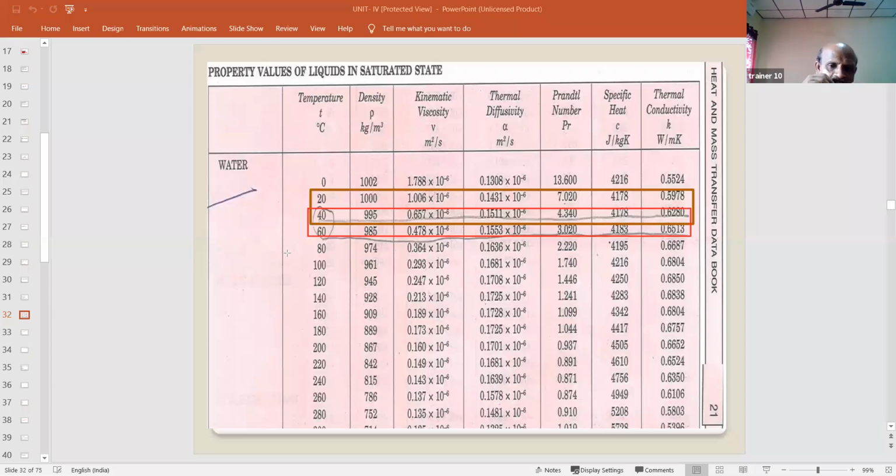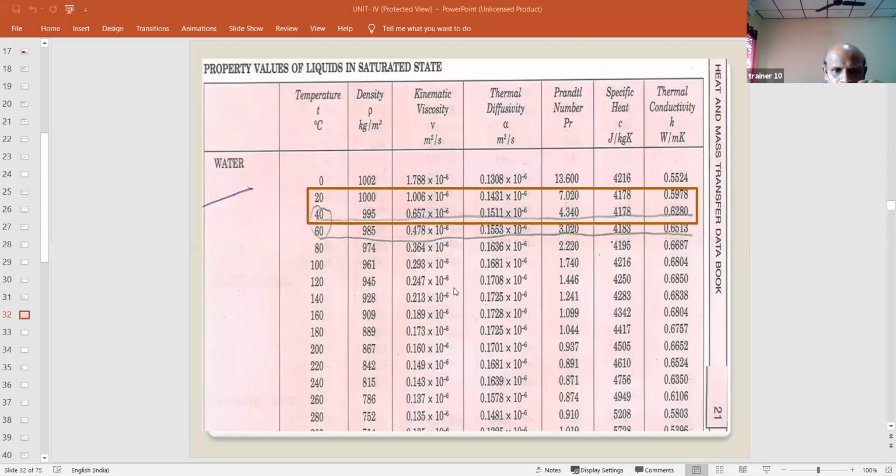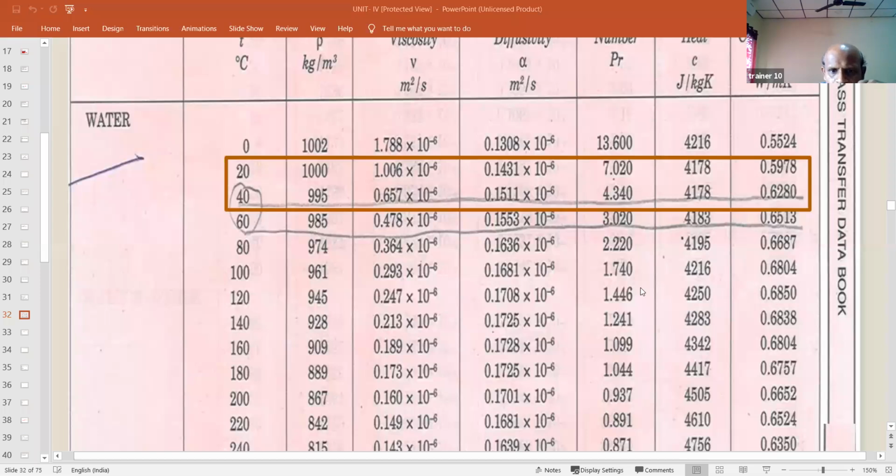By following that procedure, you have to calculate at 47 degrees centigrade. At 40 it is 995, at 60 it is 985, so for 47 degrees centigrade the value lies in between. Similarly, we have to calculate for mu, Prandtl number, Cp, and thermal conductivity. From that we calculated.